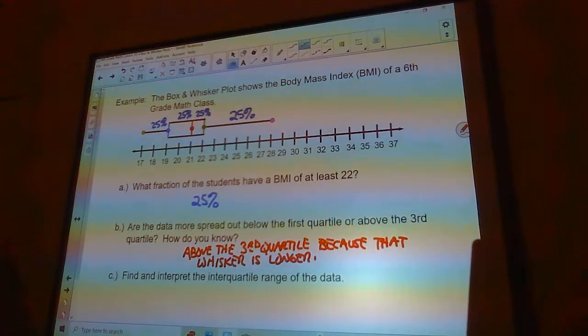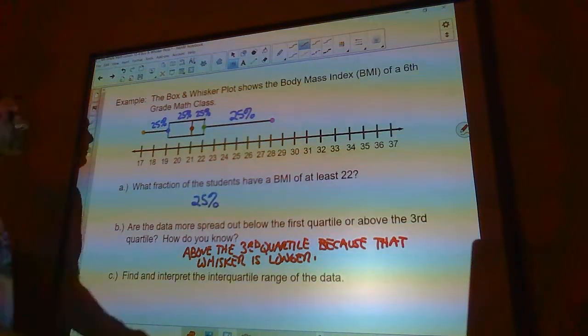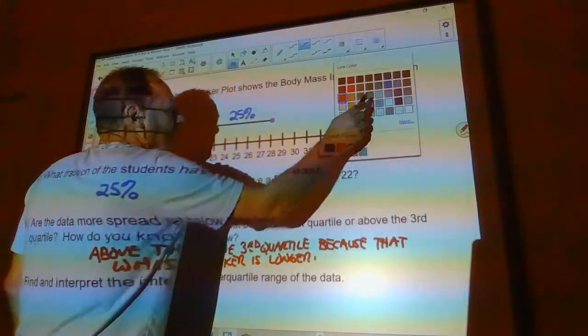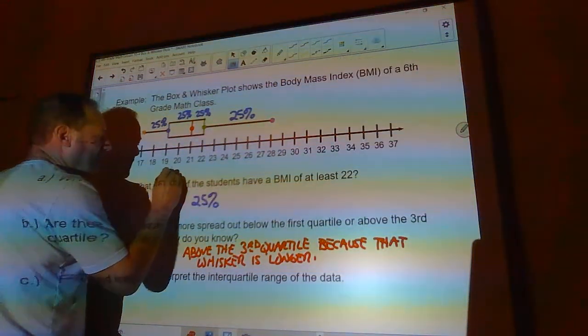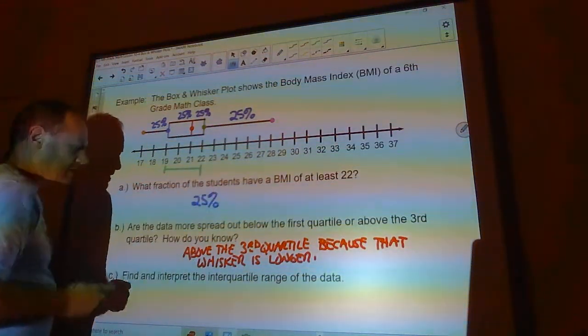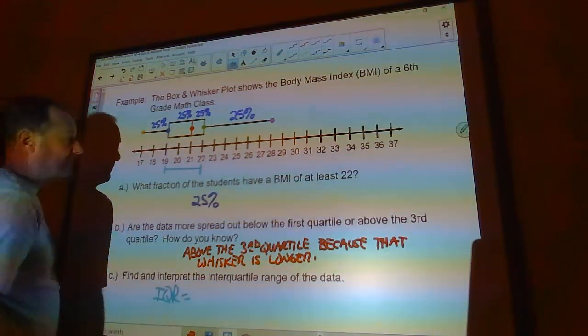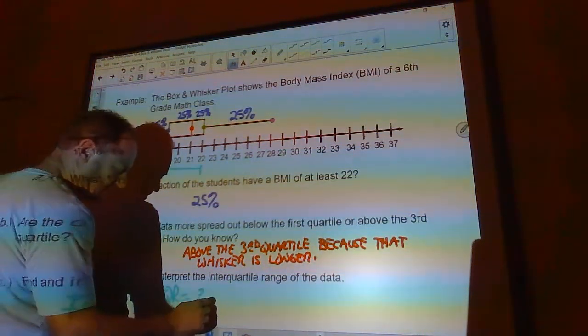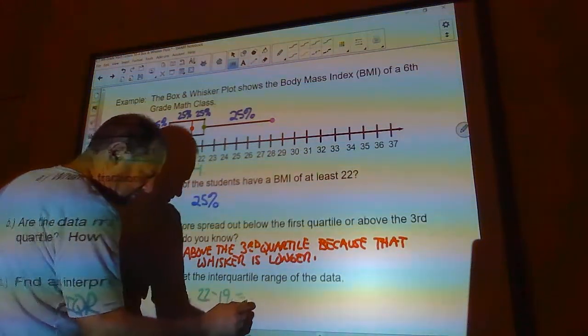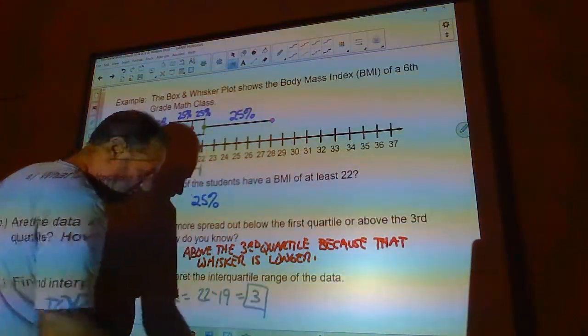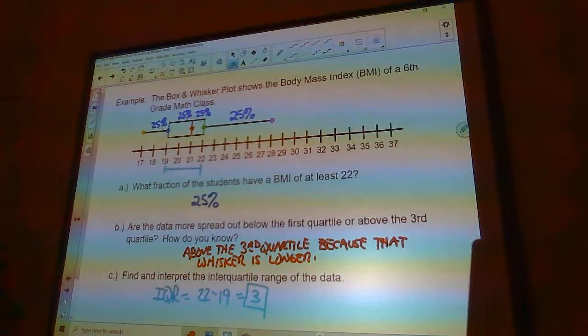Okay, find and interpret the interquartile range. So the interquartile range is going to be that distance right there. We call it the IQR. That's going to be 22 minus 19, which is 3. That's the interquartile range. Now, what is that? It says to interpret it.